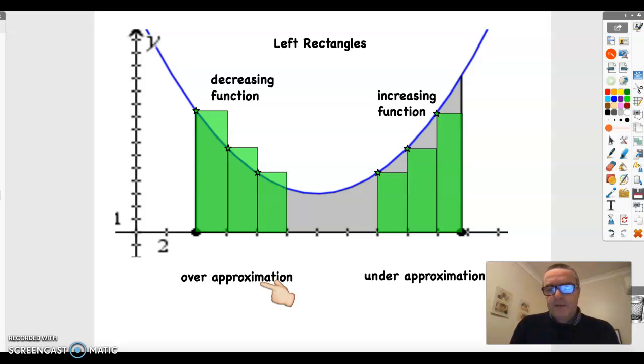The same left rectangle method, while the function is increasing, is going to give us an under approximation. And so we would see the opposite for right rectangles. For a decreasing function, the right rectangles would be an under approximation. For intervals that represent an increasing function, the right rectangles would be an over approximation.